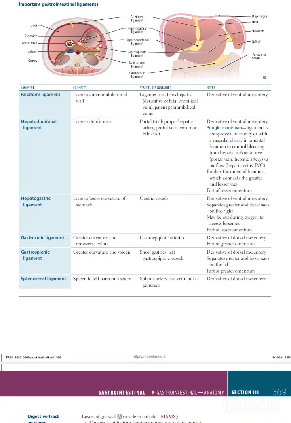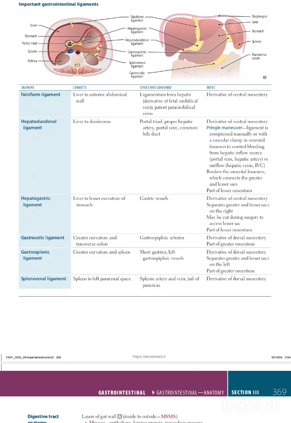After that, we have gastrocolic ligament, which is between greater curvature and transverse colon, which contains gastroepiploic arteries. Then we have gastrosplenic ligament, which is between greater curvature and spleen.